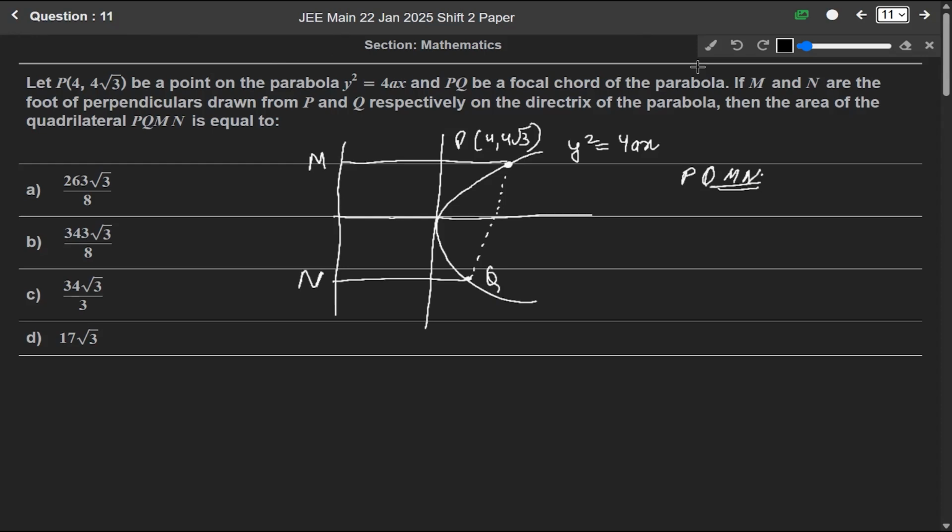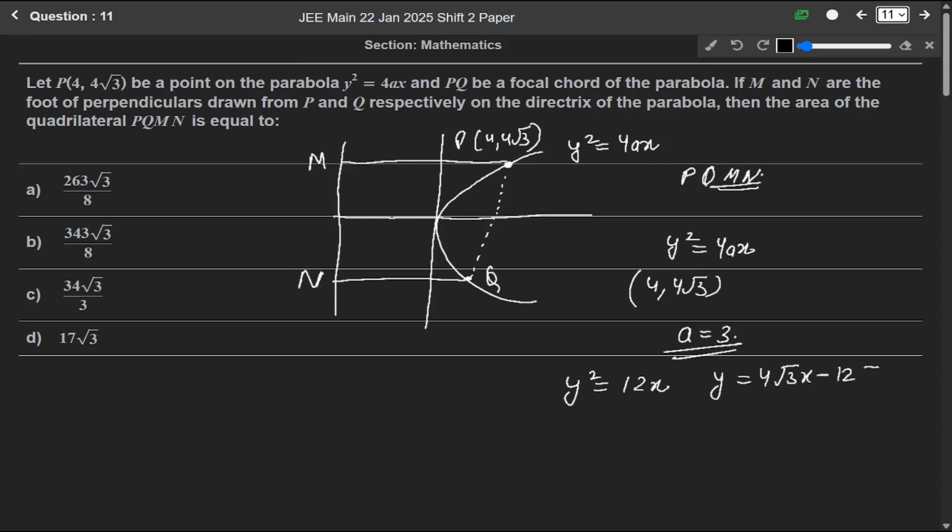Okay. So we are given y square equals 4ax and the point (4, 4 root 3). If this point lies on y square equals 4ax, then a is 3 here. Okay. So y square will be equal to 12x. If y square equals 12x, we can write the focal chord as y equals 4 root 3 x minus 12 root 3.